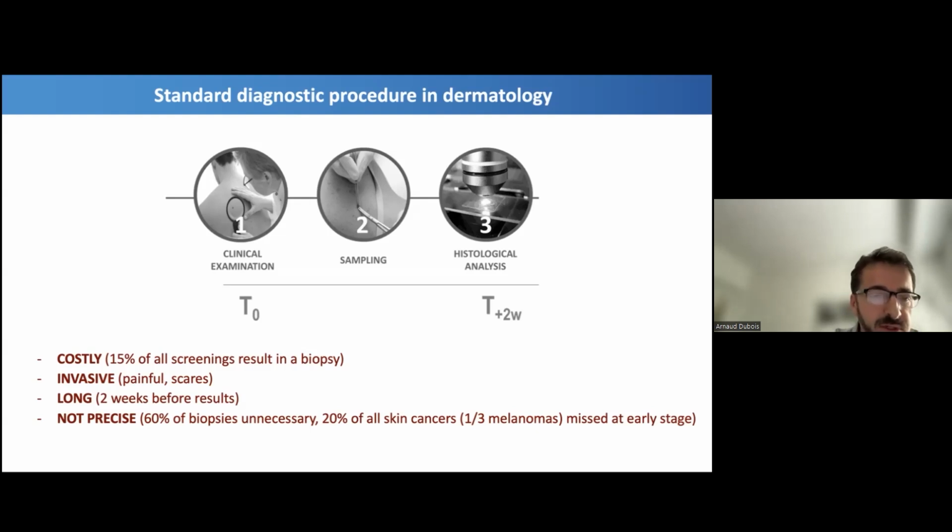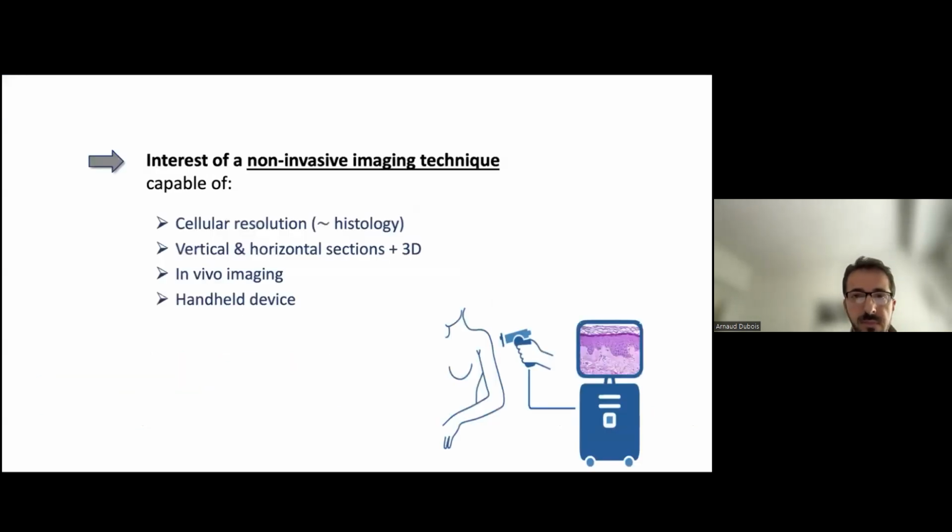About 60% of biopsies were in fact unnecessary, and about 20% of all skin cancers, including 1 in 3 melanomas, are not detected at an early stage. To improve the diagnostic process in dermatology, it's of interest to have a non-invasive imaging technique capable of providing images with a cellular resolution, a resolution similar to the resolution of histology.